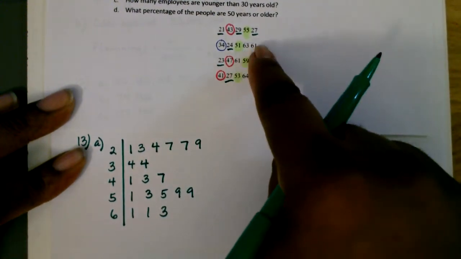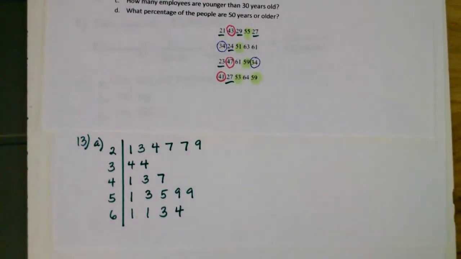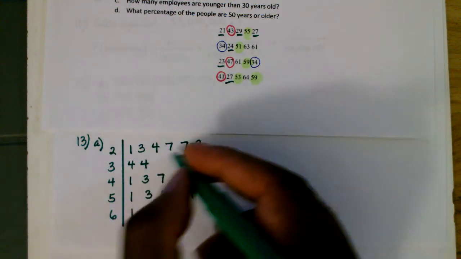Okay, I see it's 64. 61, 63, 61, and then 64. Yeah. So you want to make sure that you account for every single data value. So that's 6, 8, 11, 16, and 20. Okay, so that's the stem and leaf plot.